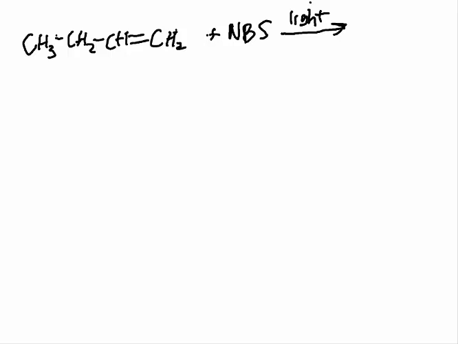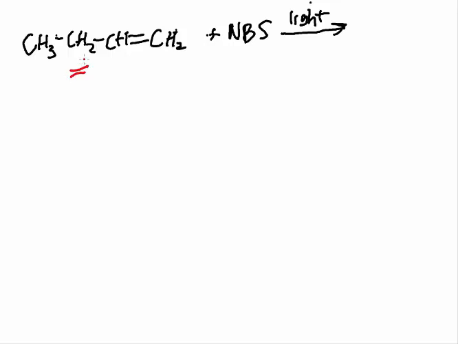Now, a simplistic way of looking at this is to examine this alkene and look for allylic hydrogens. Well, indeed, the methylene hydrogens, the CH2, qualify as allylic hydrogens, no question. These hydrogens here are allylic hydrogens.